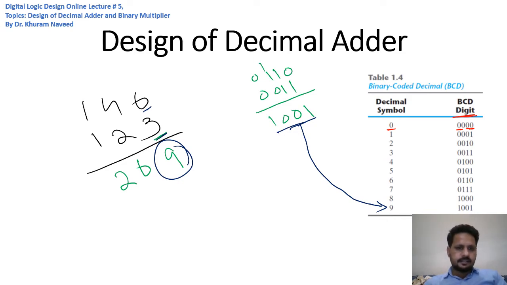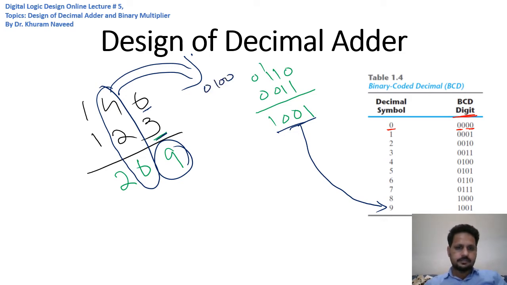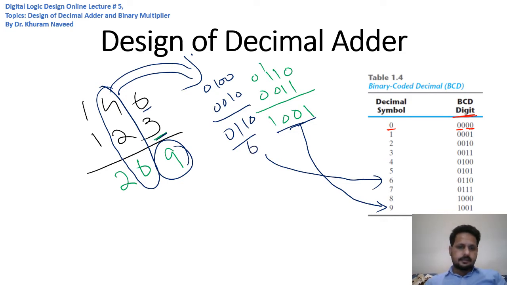And in this case, when we perform this addition using BCD codes, 0, 1, 0, 0 and 0, 0, 1, 0, we get 0, 1, 1, 0, which is 6, the BCD of 6. And here we also get the answer 6, right? So again we get the correct answer when we perform this addition using BCD codes.